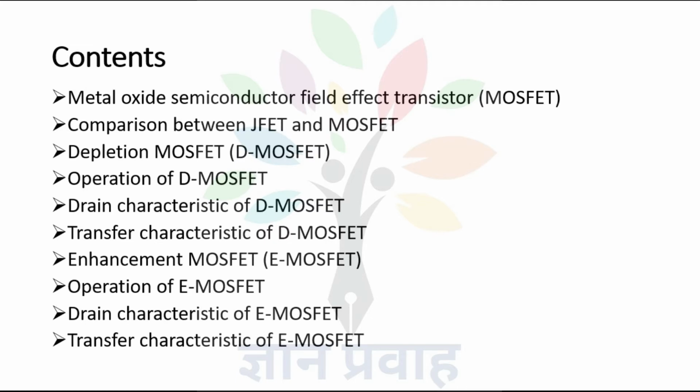These are the contents of this lecture: metal oxide semiconductor field effect transistor or MOSFET, comparison between JFET and MOSFET, depletion MOSFET or DMOSFET, operation of DMOSFET, drain characteristic of DMOSFET, transfer characteristic of DMOSFET, enhancement MOSFET or EMOSFET, operation of EMOSFET, drain characteristic of EMOSFET and transfer characteristic of EMOSFET. So we will discuss all these topics one by one.